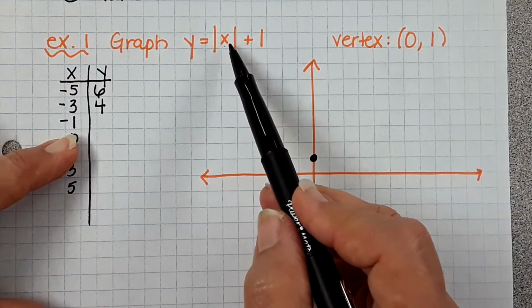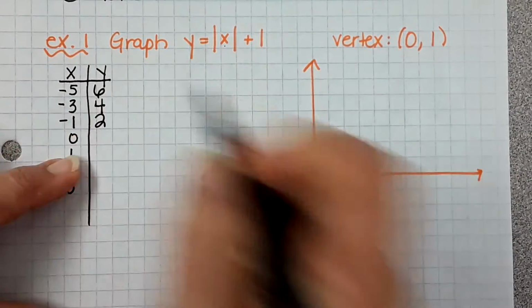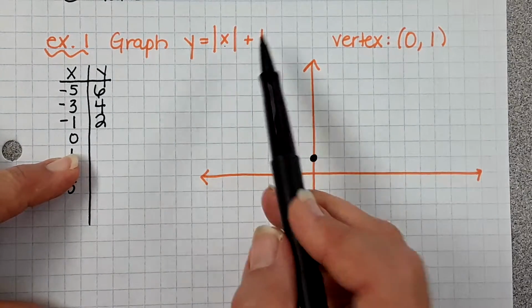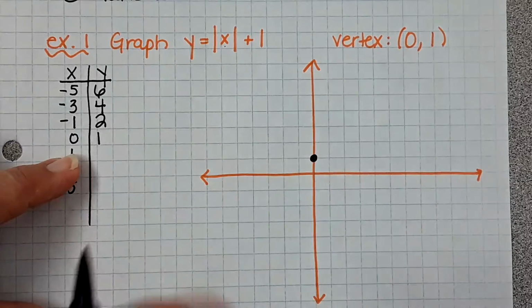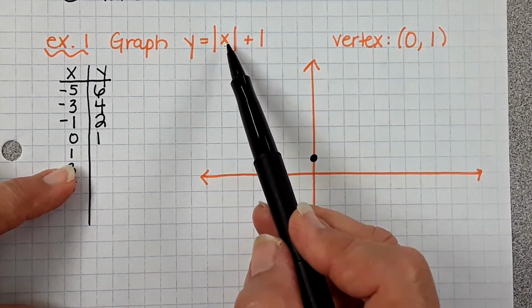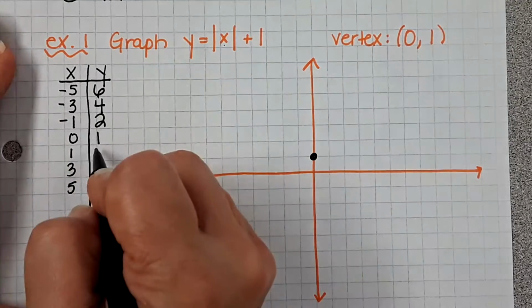The absolute value of -1? 1 plus 1? The absolute value of 0? 0 plus 1 is 1, that one should look familiar. The absolute value of 1 is 1. 1 plus 1.